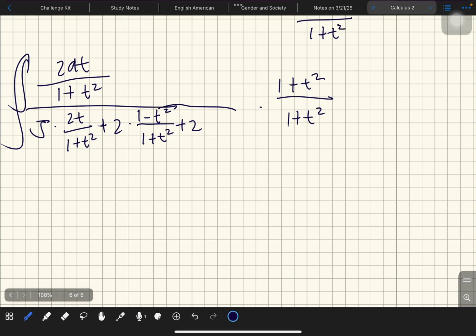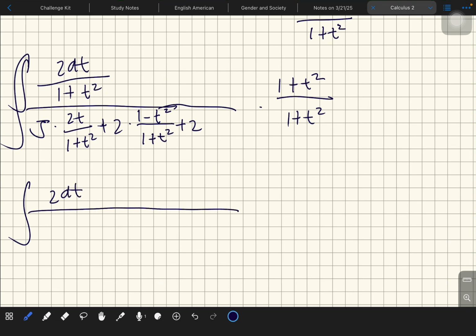So our integral will become 2 dt over 10t plus 2 times 1 minus t squared plus 2 times 1 plus t squared.